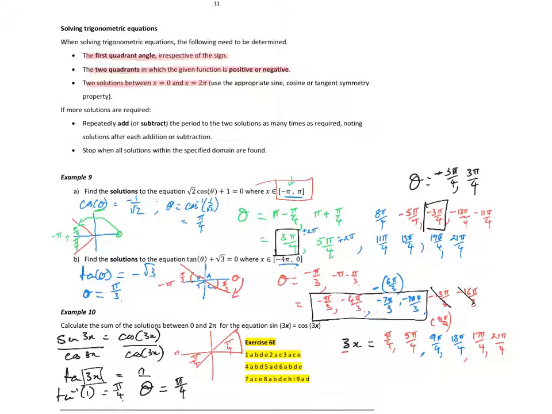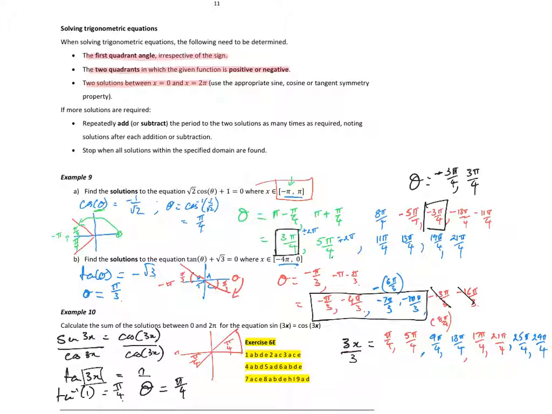Now, clearly they're far too big for 0 to 2 pi, but we're going to divide everything by 3 in a minute. So let's just do one more just to make sure. So if I add another 8, I get 25 pi on 4 and 29 pi on 4. Now I'm going to divide everything by 3.